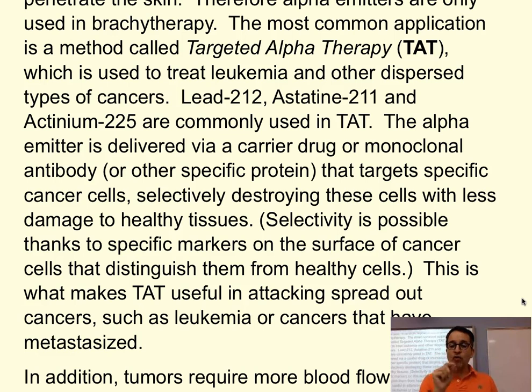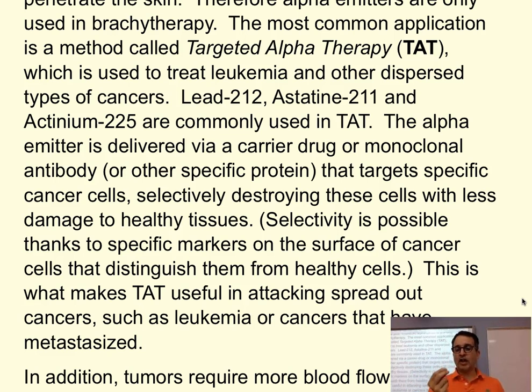And so because the radiation can only travel a very small distance, only that cell and those in its immediate vicinity could possibly be affected. And the likelihood is that those in its immediate vicinity are also going to be tumor cells, all right, cancer cells. And so it reduces damage to the surrounding cells, to healthy cells that we do not want to have.